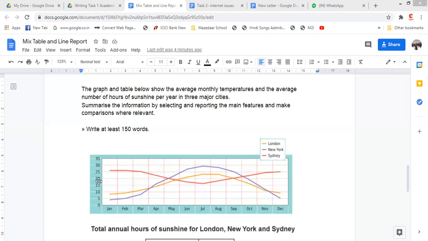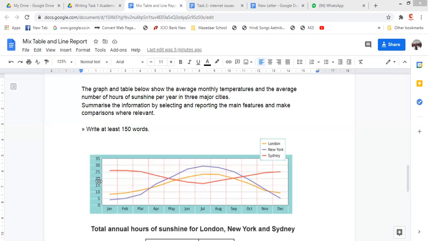The median number of hours of sunshine per year. पूरा साल का है ना? Sunshine per year in three major cities.